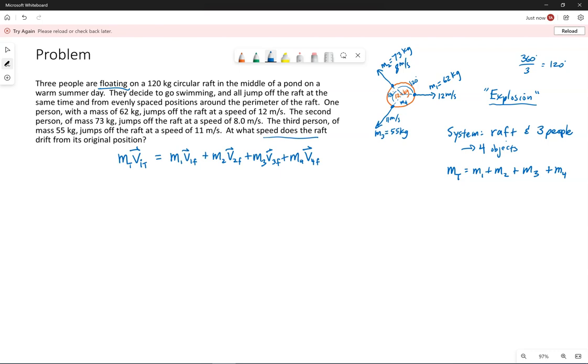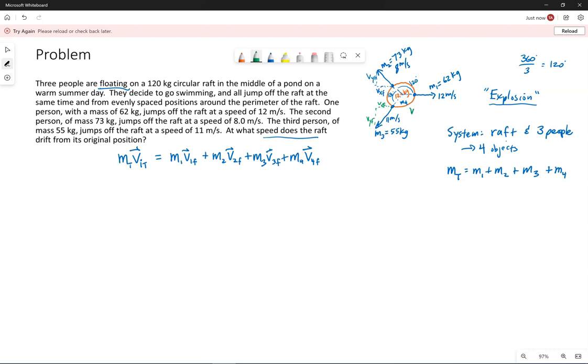We can see in our picture that person 2 has a Vx final and a Vy final. Similarly, person 3 has a Vx final and a Vy final. We need to find the potential Vx final and Vy final for the raft.